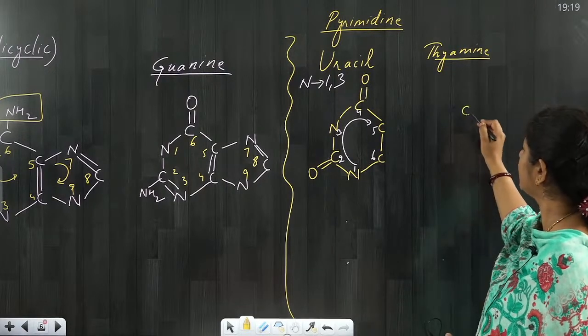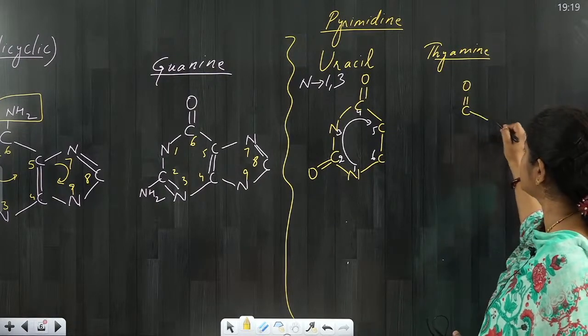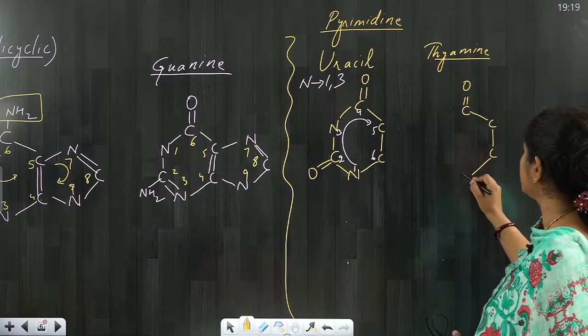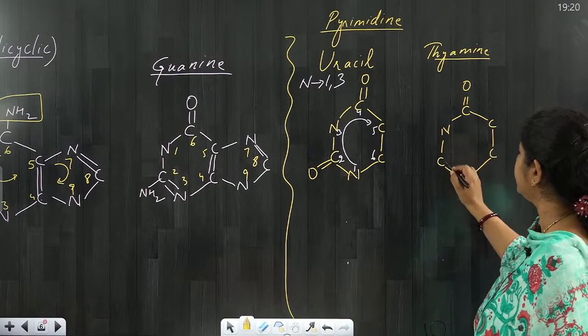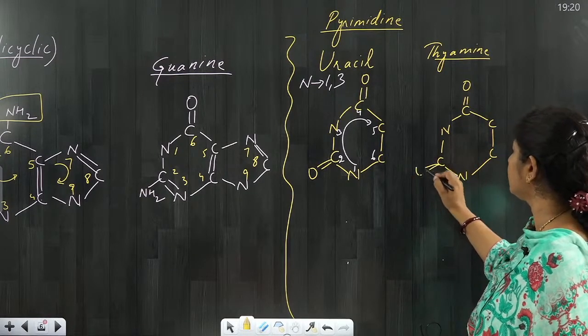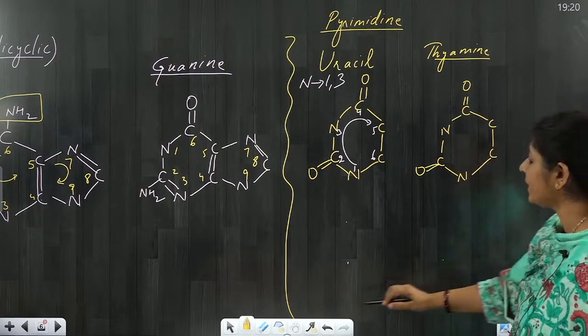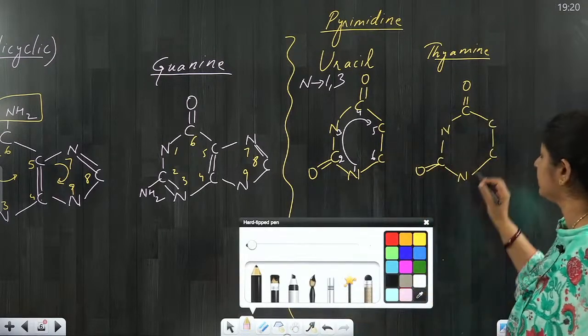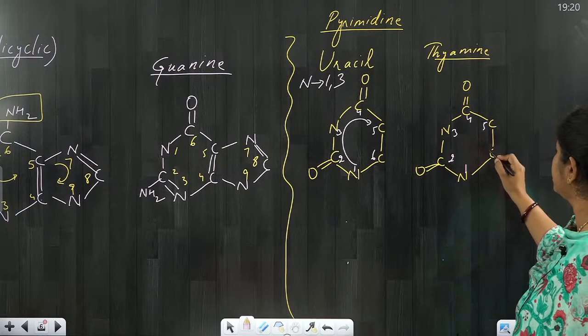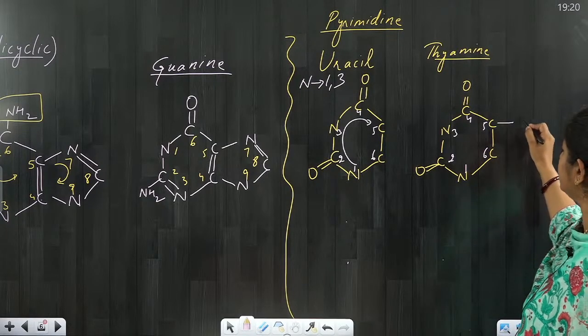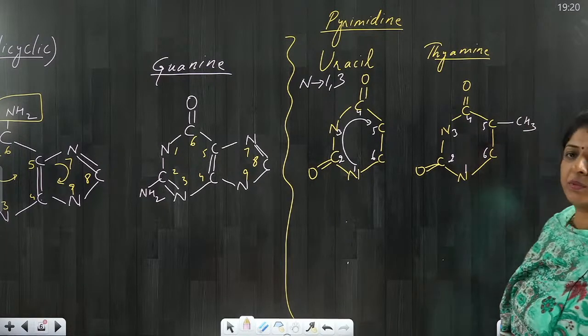Now coming to the next structure, which is thymine. It is almost the same as we discussed for uracil. Only one difference is there: on the 2nd carbon, no doubt there will be an oxy group, but when you see the 5th carbon, 1, 2, 3, 4, 5, 6, on the 5th carbon there is a methyl group.